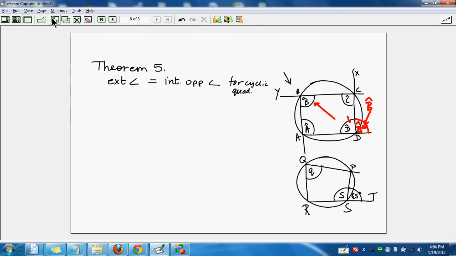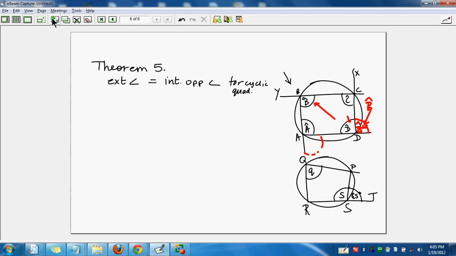If we do another one, let's look on this side here. Let's see what else we look at. Let's look at another one here. Okay, so on this side here, the exterior angle here will be this.